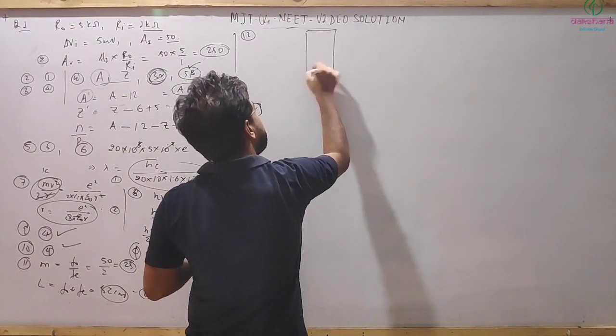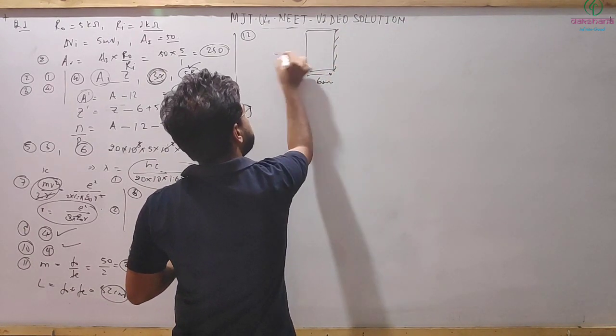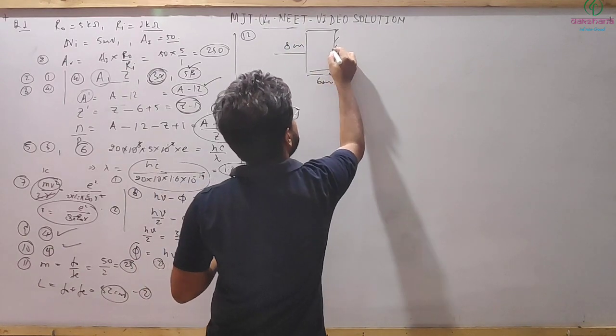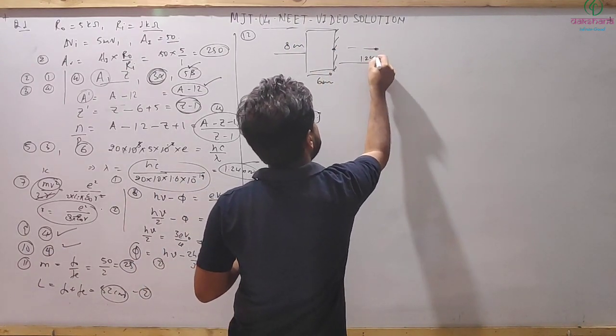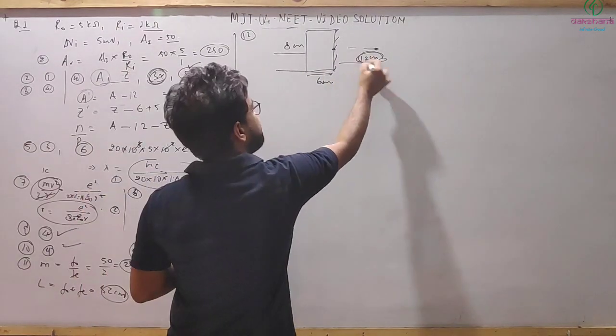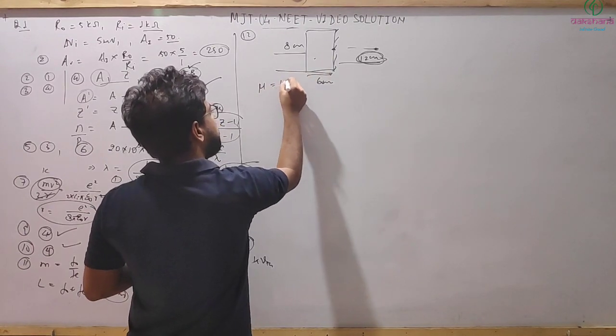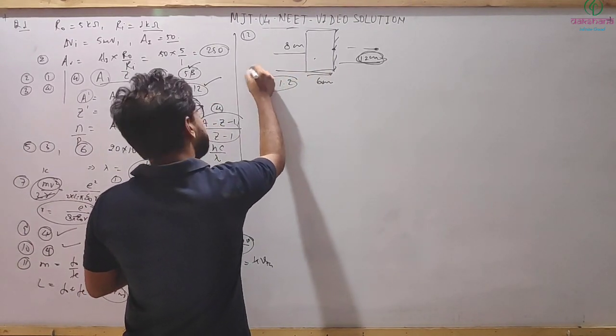So here the glass slab, this face is silvered, its thickness is 6 centimeter and the object is at 8 centimeter, and we are getting the final image here at 12 centimeter. Simply writing that this effective distance is equal to 12 centimeter and solving, we get mu for this equal to 1.2, matching with option number 3.